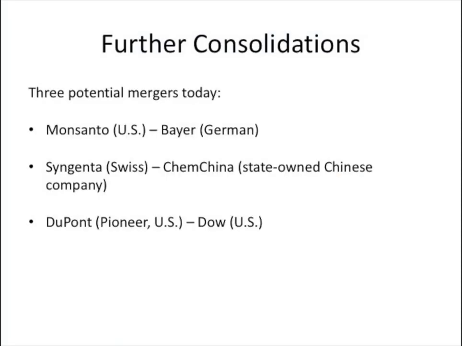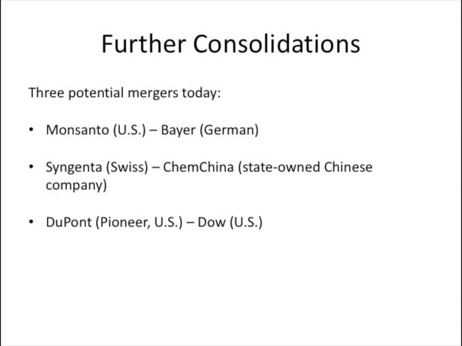So as we're speaking here today, we have the big 6, and there are going to be further consolidations. 3 potential mergers are going on today. These mergers have been announced. Some of them have passed their respective shareholder meetings with a positive vote, and all of them are, to some degree, waiting on regulatory approval from the U.S., EU, or whomever.